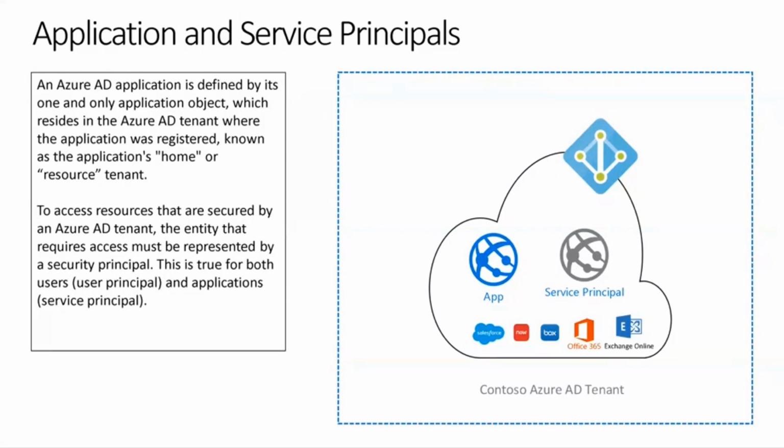So if you have an Azure AD tenant and you register an application, we will automatically create a service principal of that app registration in that tenant. If you go and look into your enterprise applications blade in the Azure Active Directory portal, you will also see a lot of service principals for other multi-tenant applications, like Microsoft products under Office 365 Exchange, and even third-party multi-tenant applications from other ISVs like Salesforce, ServiceNow, and Box.